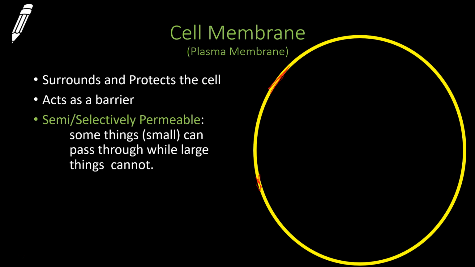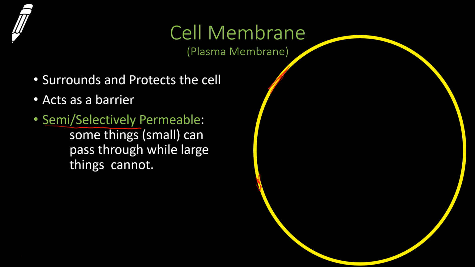An interesting thing is the cell membrane is called semi or selectively permeable. Those both mean the same thing. What does that mean? It means that small molecules such as water, oxygen, carbon dioxide can move in and out of the cell membrane. Larger molecules such as proteins cannot freely move in and out of the cell membrane.